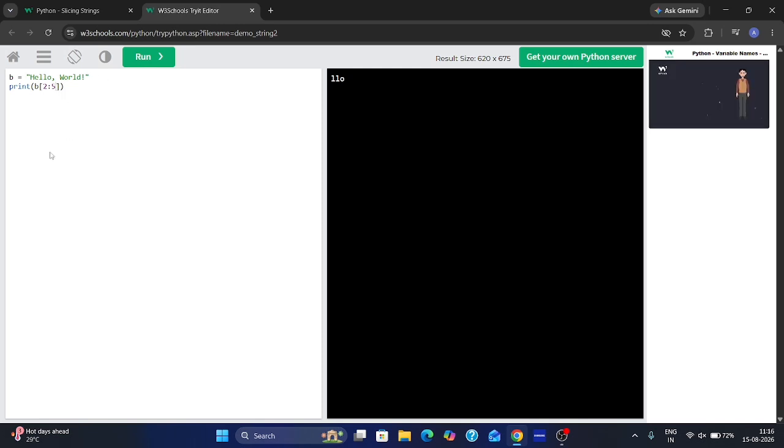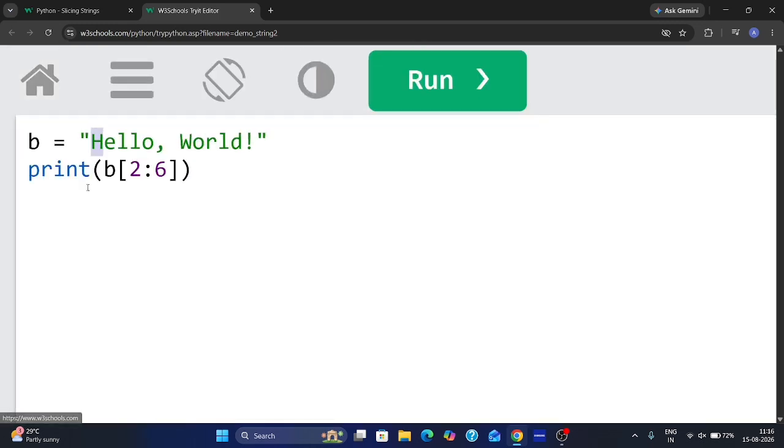What if I write 6 here? Let's think about this question. Remember two things: the first index is 0, and for the ending value, like 6 or 7, you have to take the previous one.